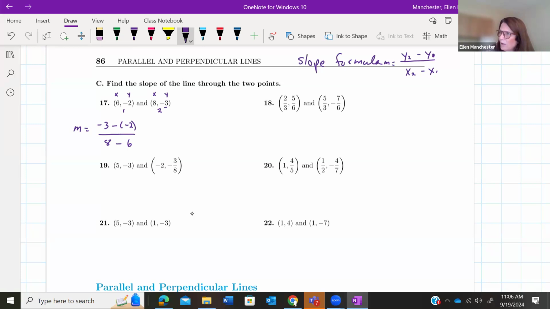So really watch your signs. This minus sign is not this minus sign, 2 different ones. So I end up with -3 plus 2 over 8 minus 6. So -3 plus 2 is -1. 8 minus 6 is 2. So y2 minus y1 over x2 minus x1, and there's your slope.